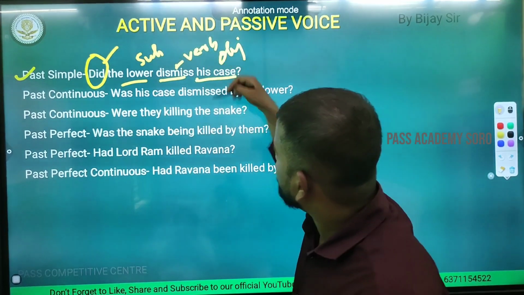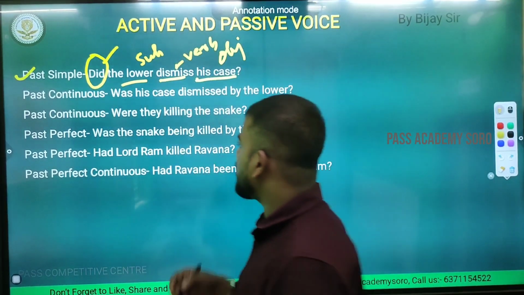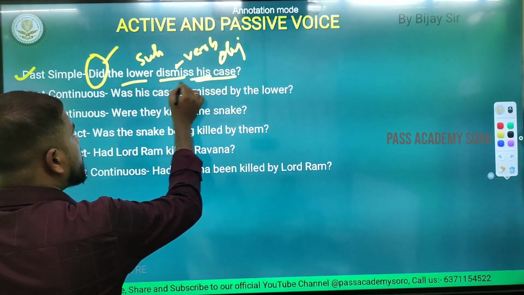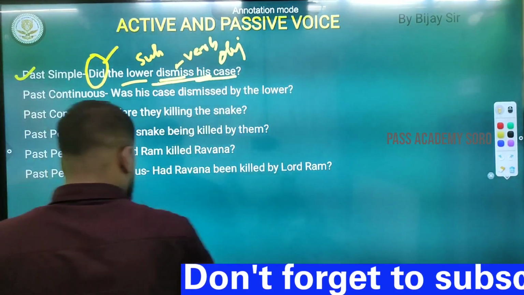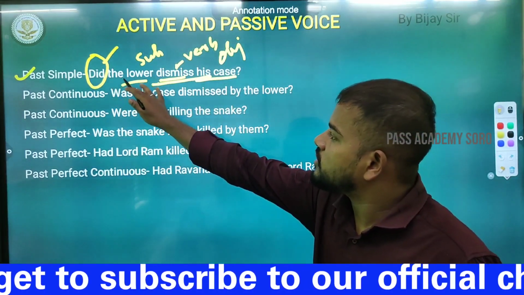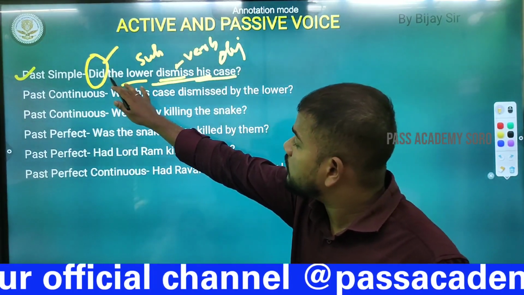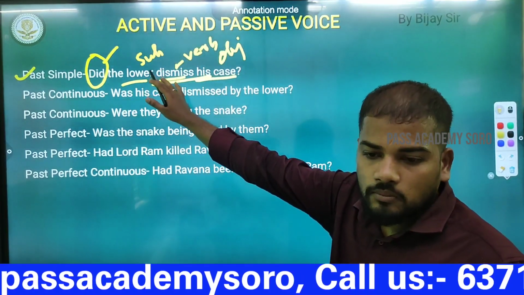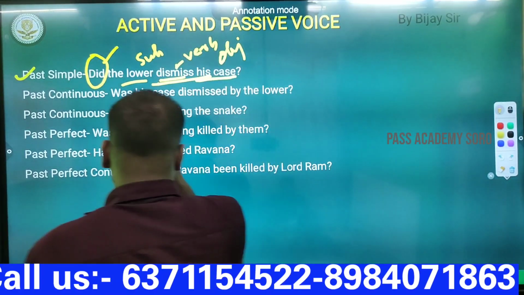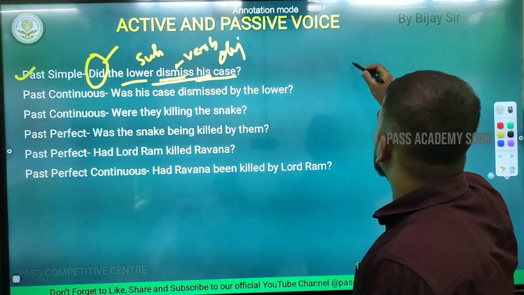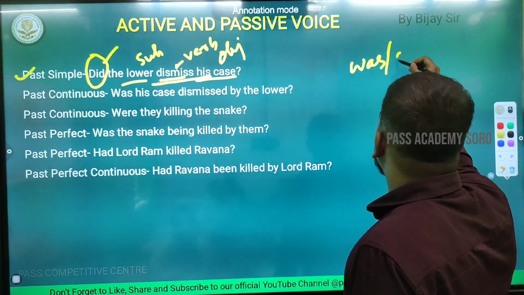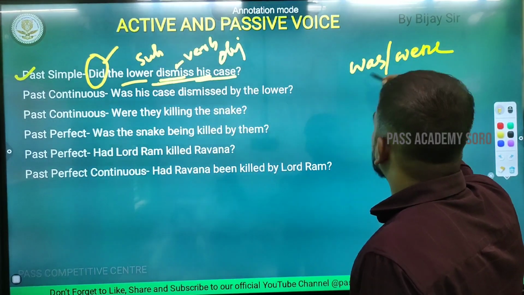So here the object is "his case", so we will bring it to the subject place. So his case, and as it is in simple past form, we will use the next form of the verb, like was and were.